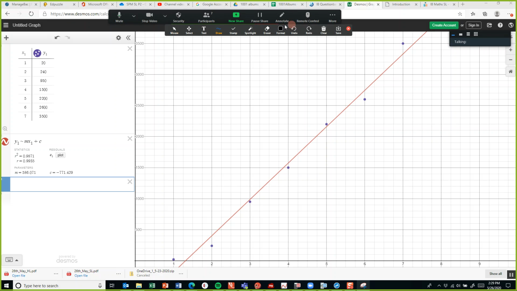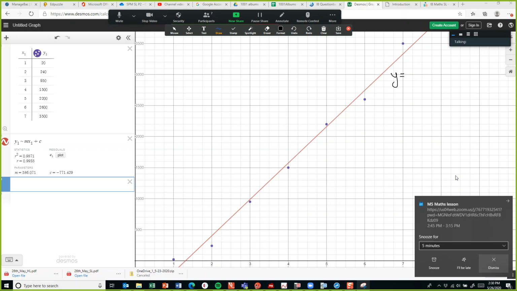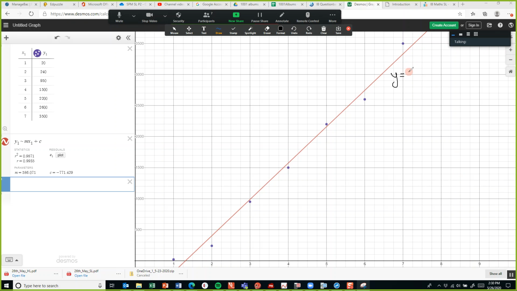Annotate again. So my line is y equals, the value of m is 586, so 586x, and then take away my value of c here, so negative 771. So that's my line. That shows the trend.